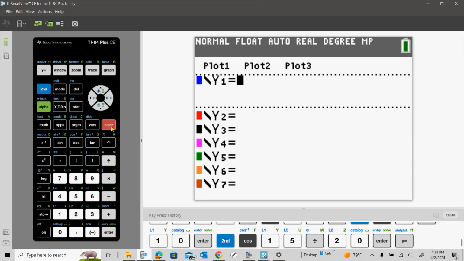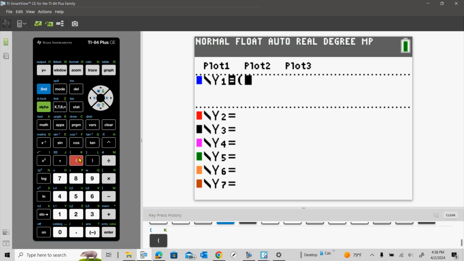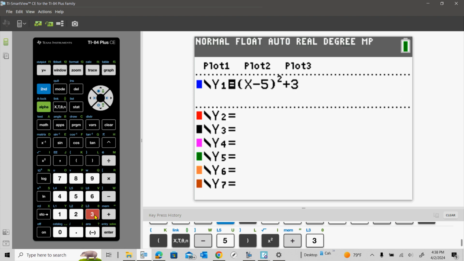Let me clear this out. You're going to type in the equation so we can see the shape of our parabola, and so we can see our point. So y equals, we have parentheses, then x minus 5, close the parentheses, square, then plus 3.